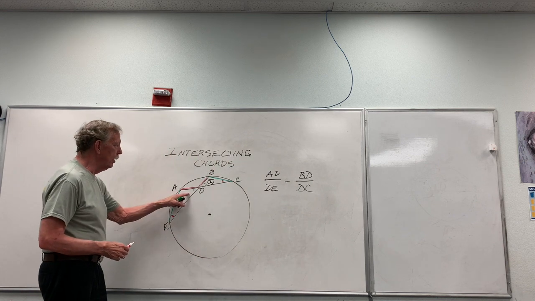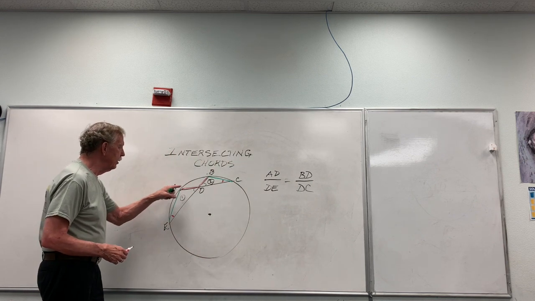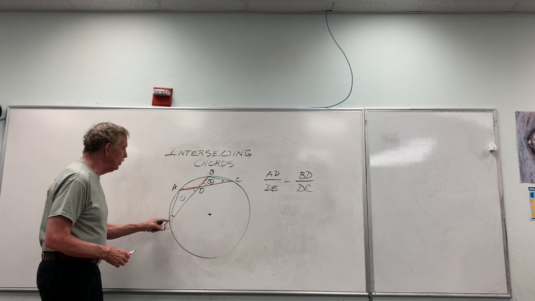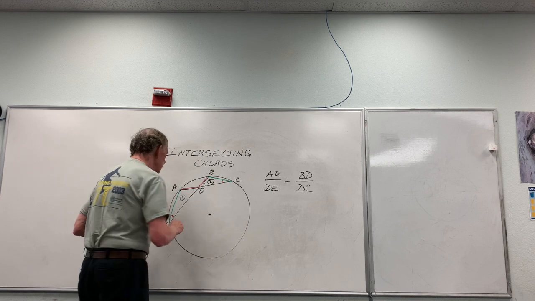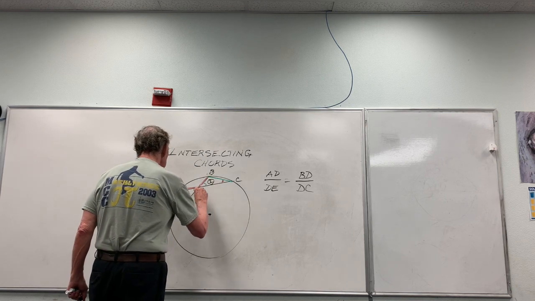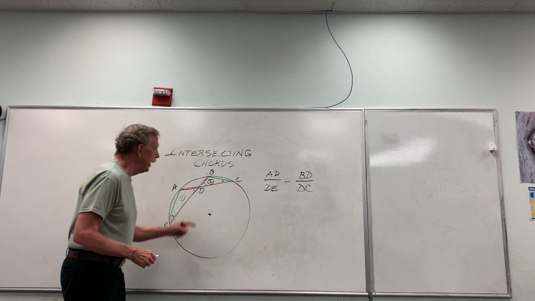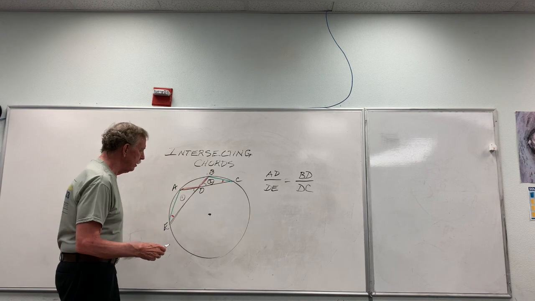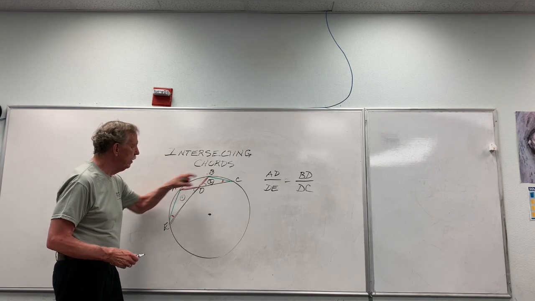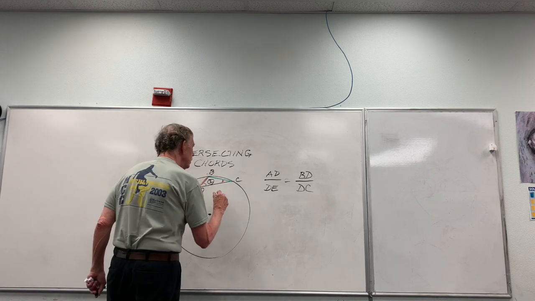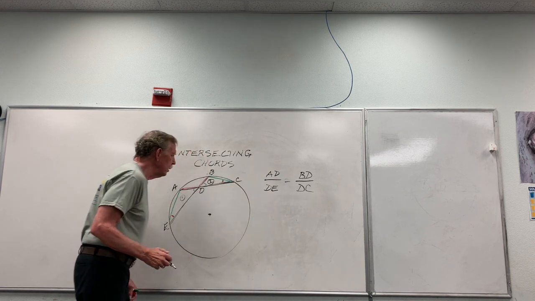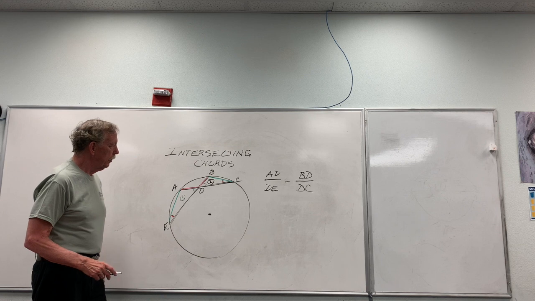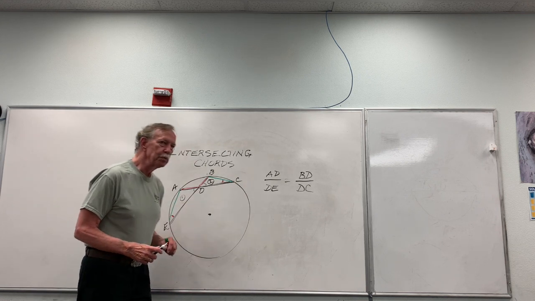In triangle 1, AD, this piece, is to DE, this piece, as BD is to DC, this piece. That gives us this proportion.